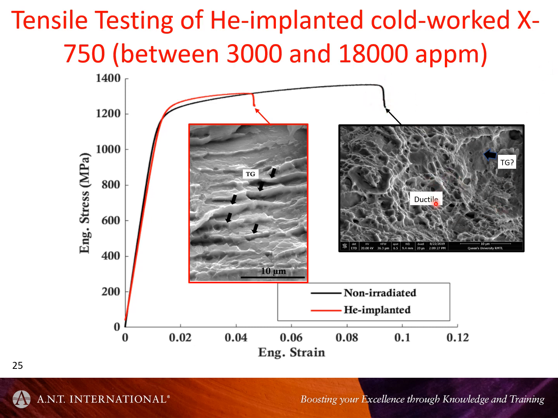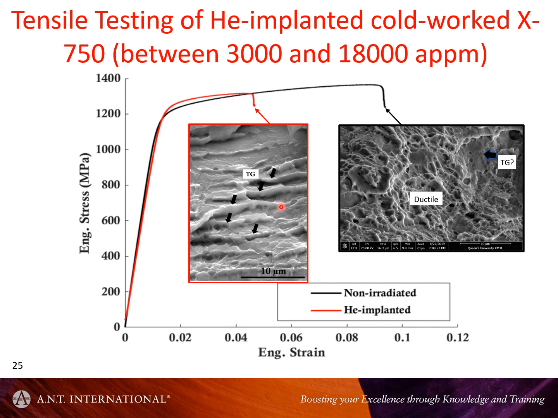And in the as-received material, it was mostly ductile. There may be some planar features where you might have some cracking along these precipitates and platelets. But when it was irradiated, it very much was a brittle failure, and it was either intergranular or transgranular.